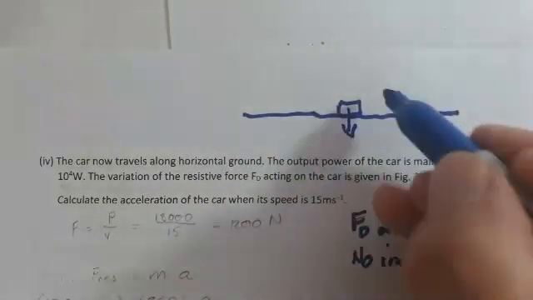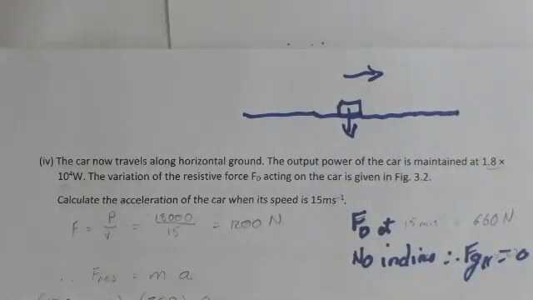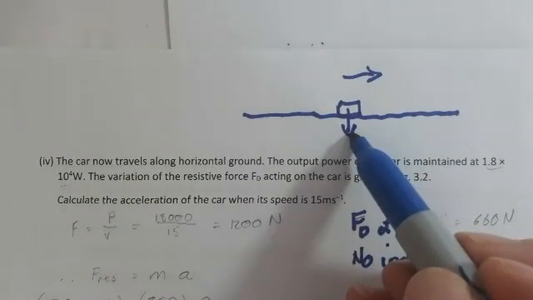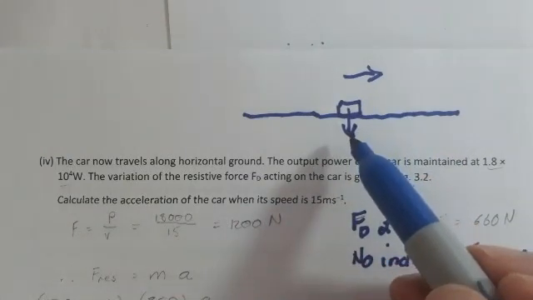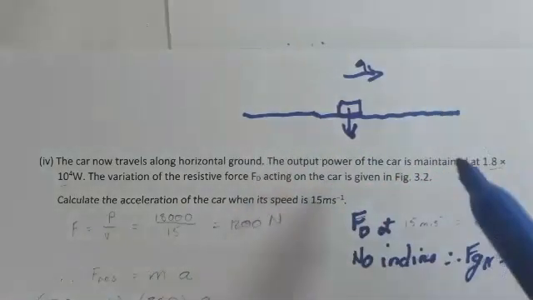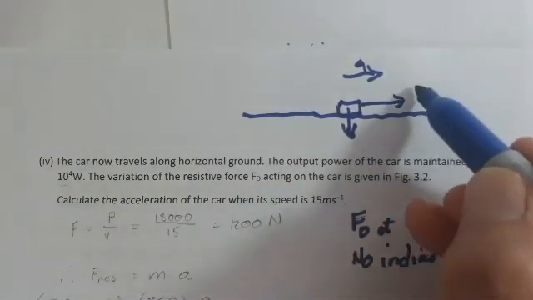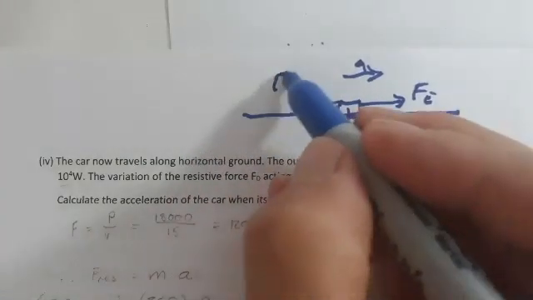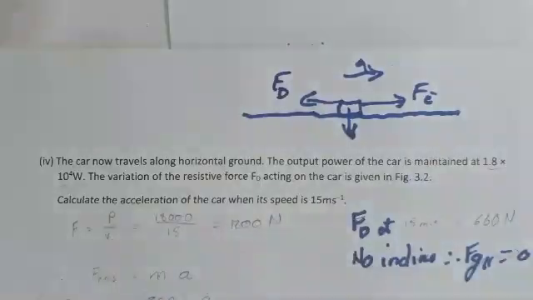FG is going down while my motion is forward. So there's no longer a component. So the horizontal component of this is going to be 0. Do you agree? Okay. Yes. So it's no longer there. So now it's just the engine of the car, and it is the drag force, the air resistance that's playing against it.